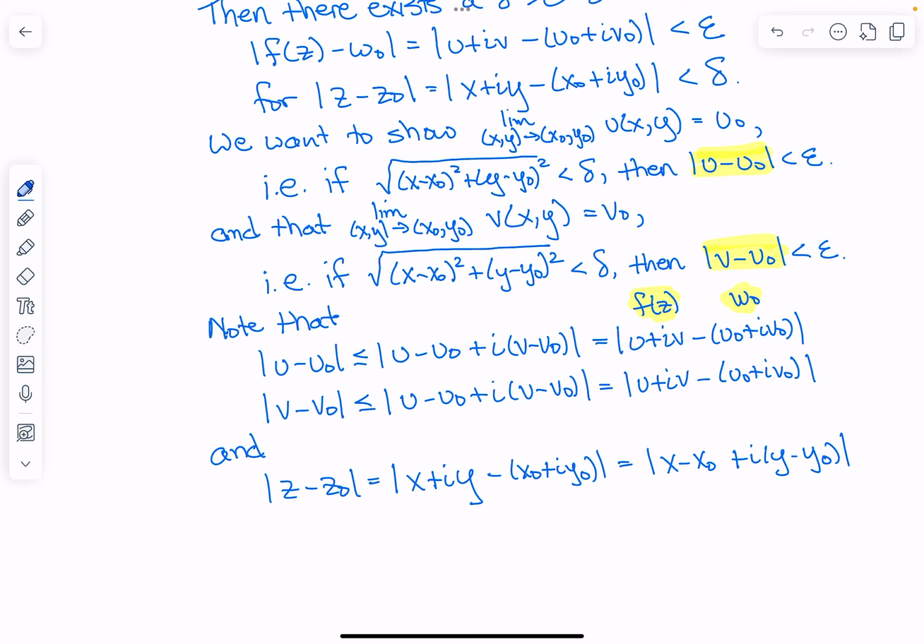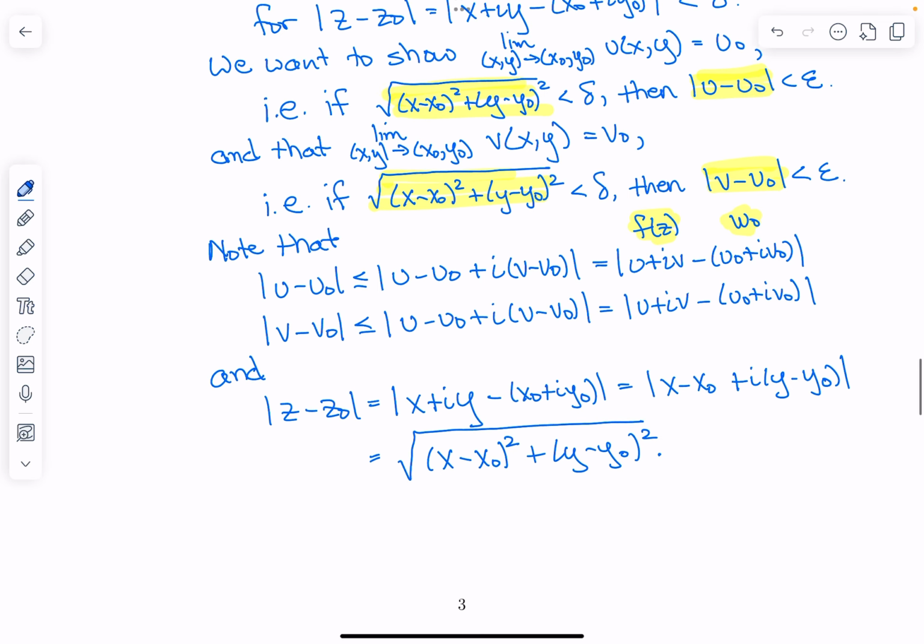Now, if I compute the modulus, that would be the square root of x minus x0 squared plus y minus y0 squared. Right? And that's the Euclidean distance of the point x, y to the point x0, y0, which came up before here and here.